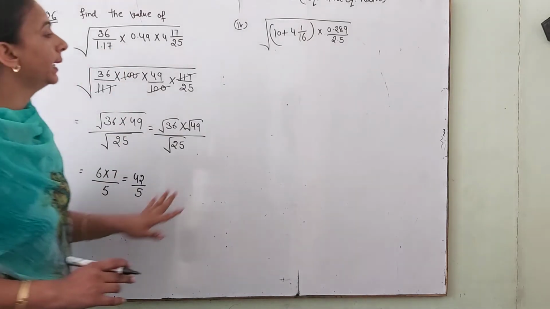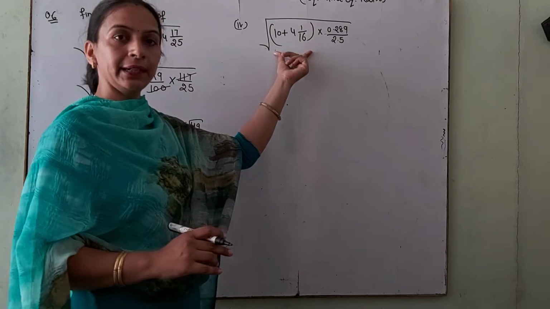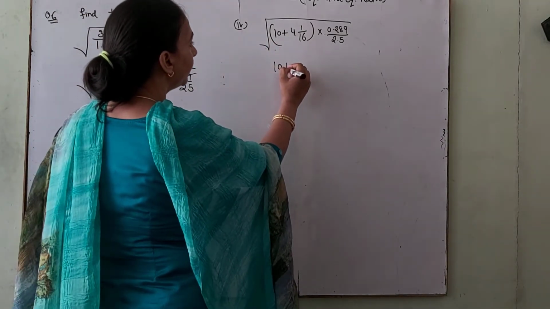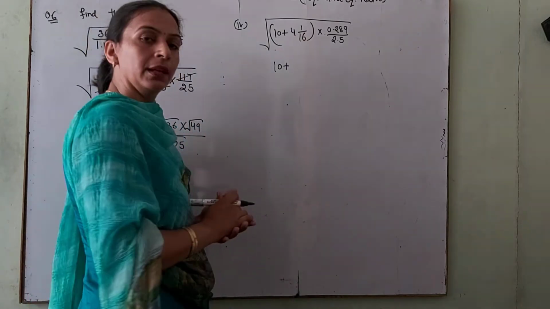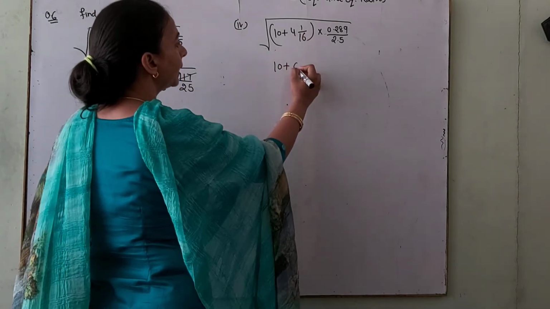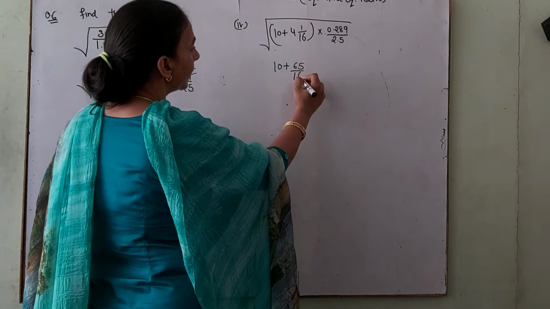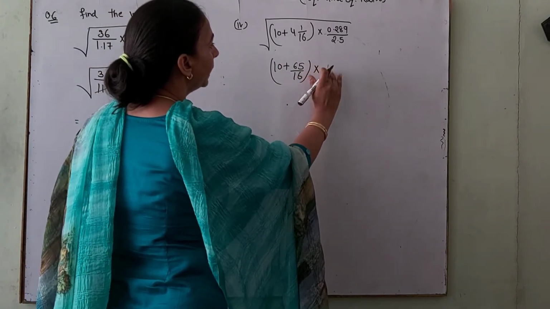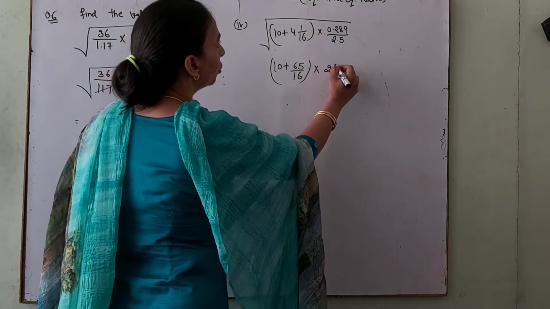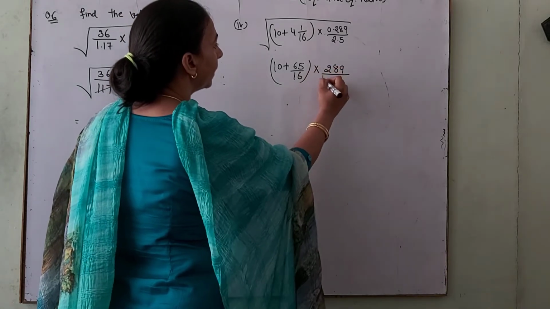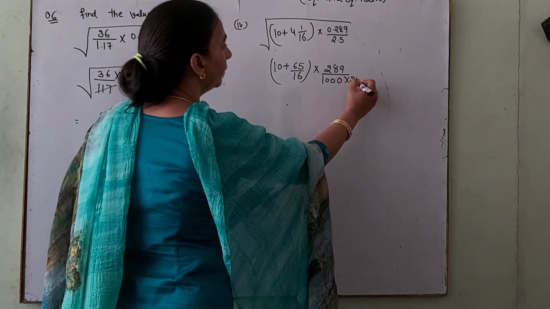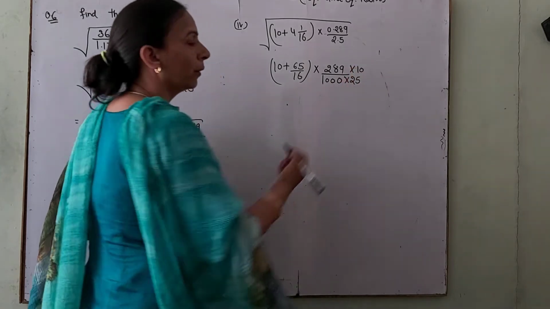Okay. The next question, this is bracket. First we solve bracket. 10 plus 16 fours are 64 and plus 1 65 by 16. Multiply 0. We write 289 divided by, and we write 25 and write and 10. 4 decimal.